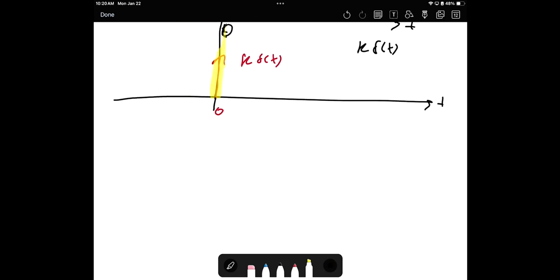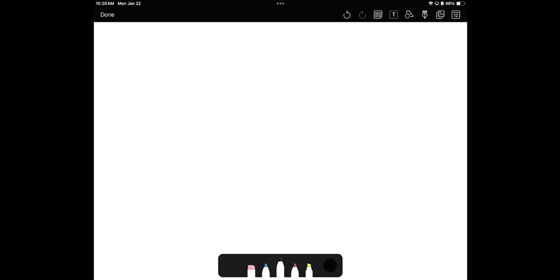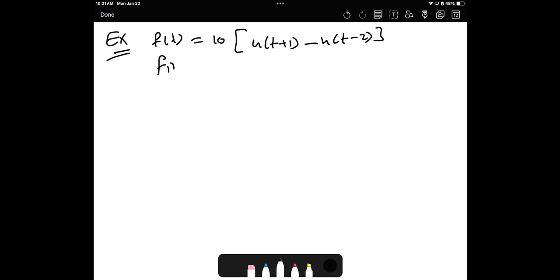Okay, let me give another example. Here's the example. We have f of t equals 10 u of t plus 1 minus u of t minus 2. Find the derivative of f of t. So I'm going to find it in two ways.